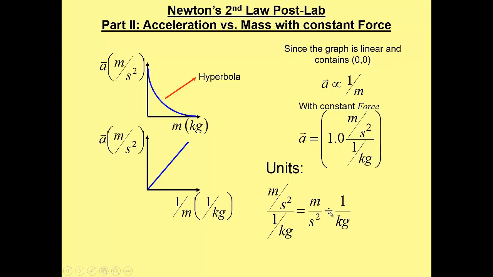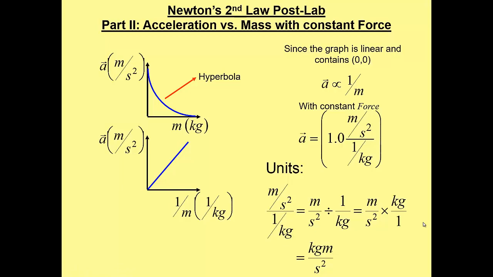Well, remember your fractions. Dividing by 1 over a kilogram is the same as multiplying by the reciprocal. It's the same as multiplying by a kilogram over 1. And once you do that, you get a kilogram meter per second squared. Uh-oh, I hope some bells are going off here. What's a kilogram meter per second squared?